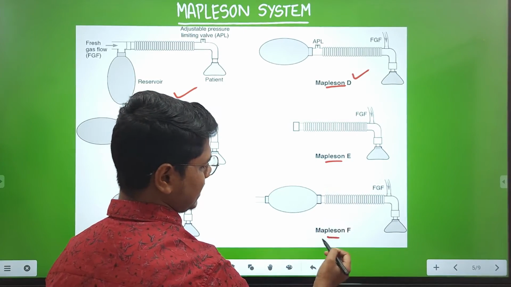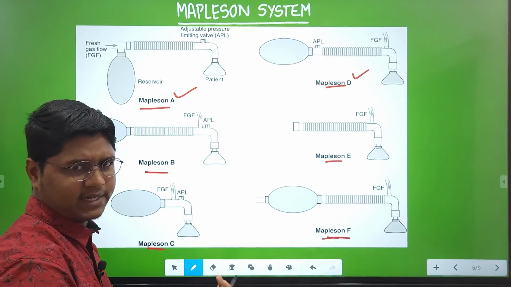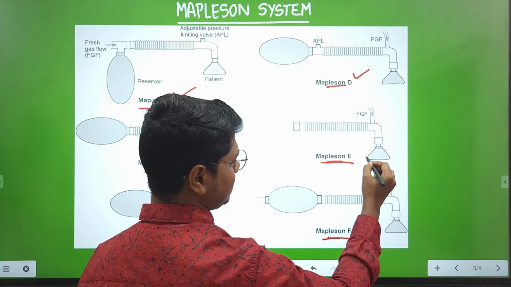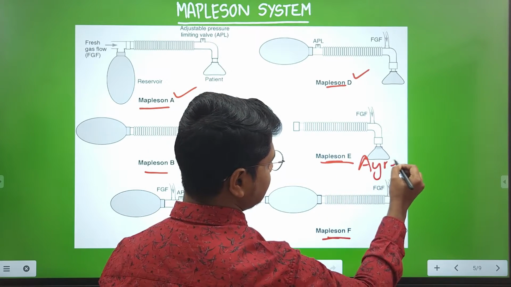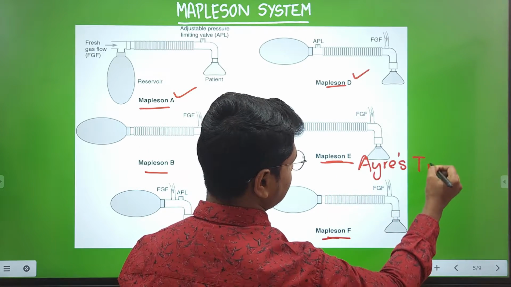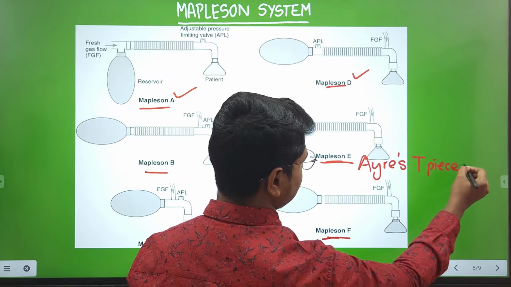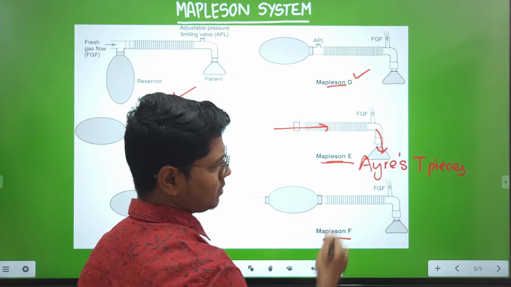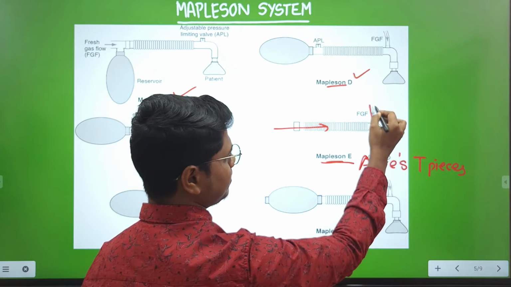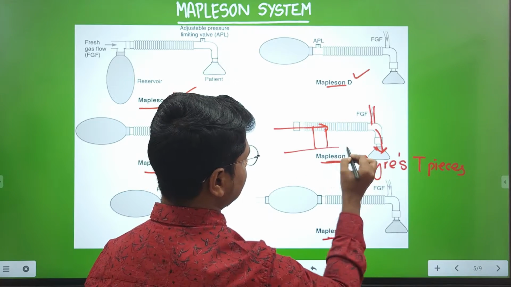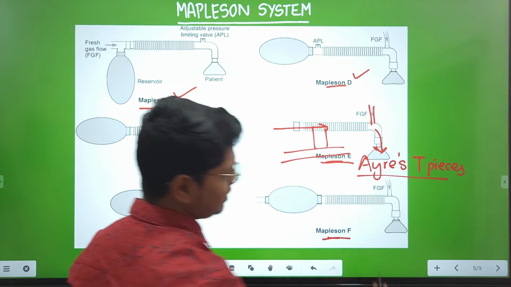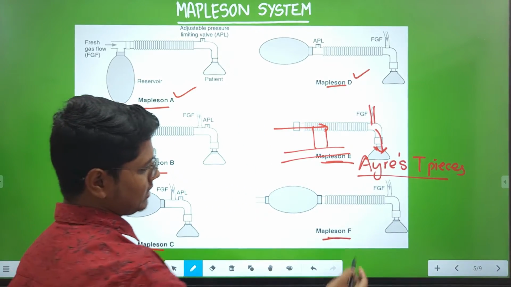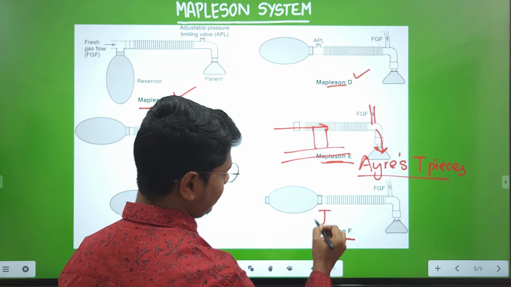E and F basically the pediatrics. I told about Mapleson E, this is also known as Ayre's T-piece. Here there is the fresh gas flow, and here there is patient connection. So it looks like a T piece, so Ayre's T-piece. And this Mapleson F, I told you this is a modified version.